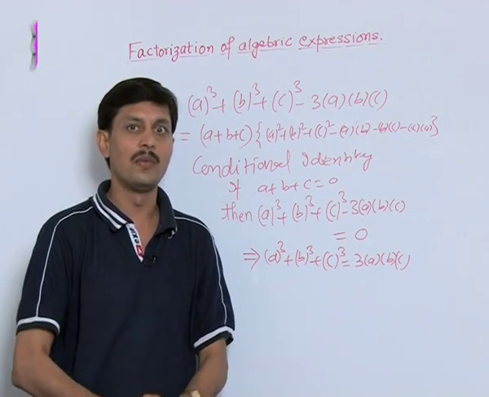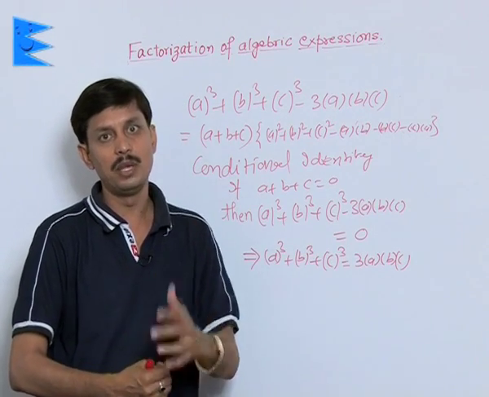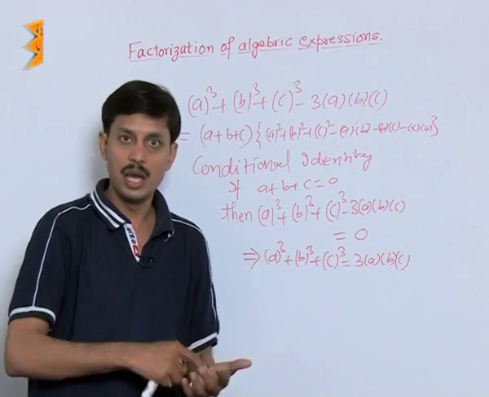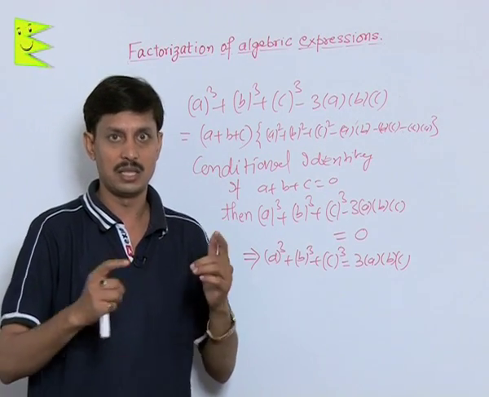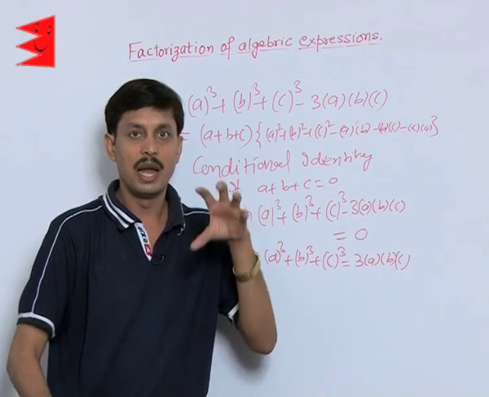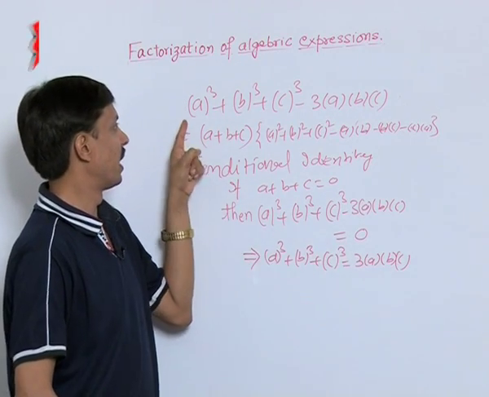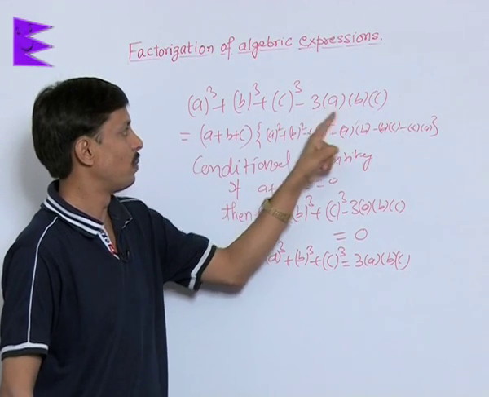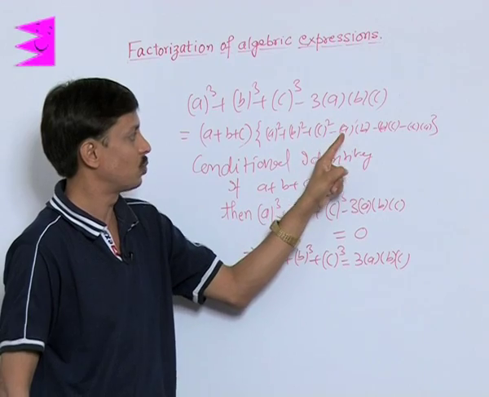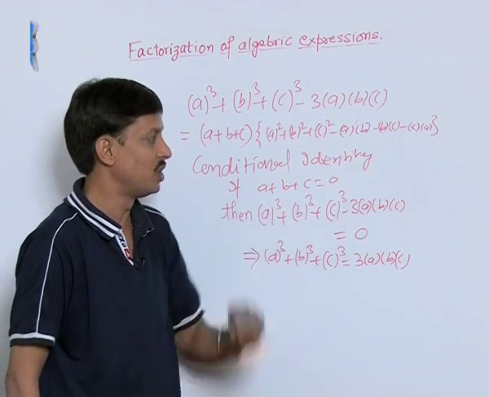But in case of find value, a cube plus b cube can be used as (a + b) whole cube minus 3ab into (a + b). a cube minus b cube can be said as (a - b) whole cube plus 3ab into (a - b). And after that, the important identity: a cube plus b cube plus c cube minus 3abc is (a + b + c) into (a square plus b square plus c square minus ab minus bc minus ca).